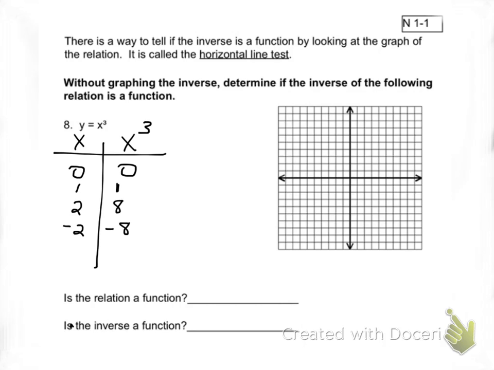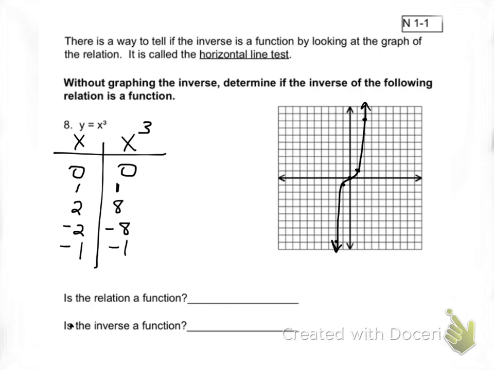So we can put those points on our graph. And it's going to look something like this. Okay. And I should have probably had negative 1. There's negative 1 on there.